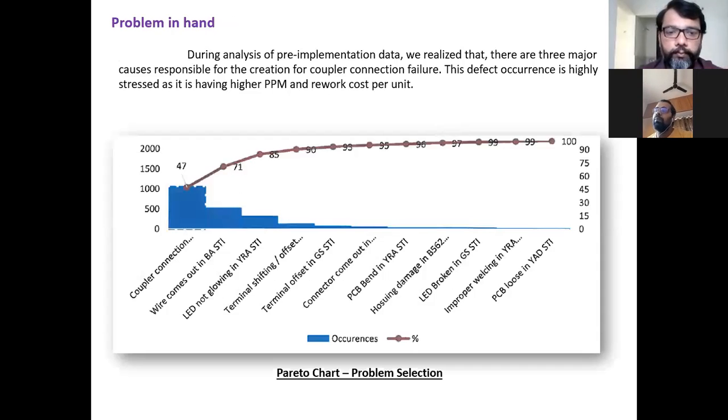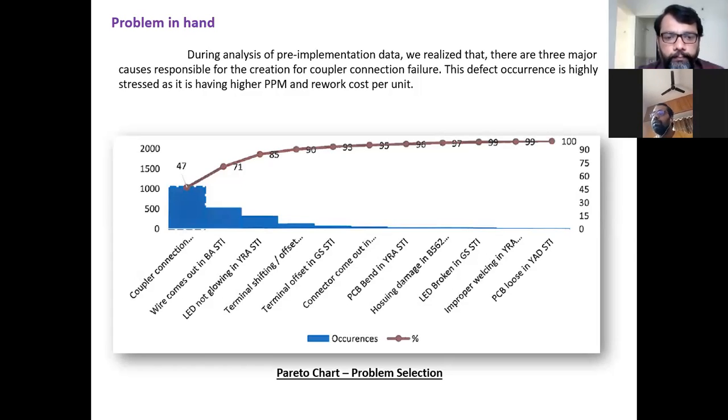So the overall problem, what we analyzed through the Pareto chart, as you can see in the chart, is that the coupler connection failure was the highest contributor to the high ppm of line 2. So through the Pareto chart we identified that one problem.